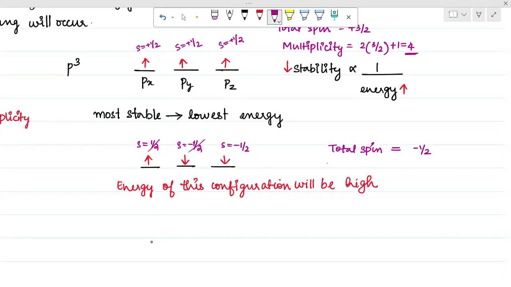And hence the spin multiplicity, you can take the modulus for the time being, is 2 into 1 by 2 plus 1, which is 2.